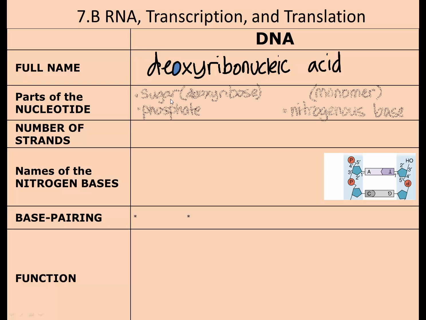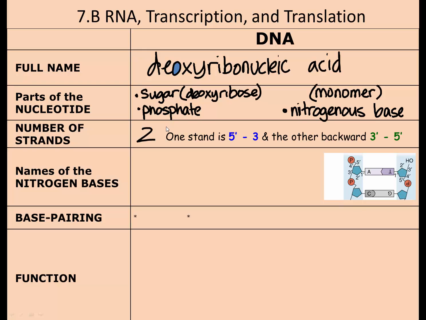Parts of the nucleotide: we still have a sugar and phosphate, which makes up the backbone, and we have the nitrogenous base, which makes up the rest of the nucleotide and makes up the rungs of the ladder. And then there's the double helix, this strand and this strand double helix with each other. Number of strands, we have two.